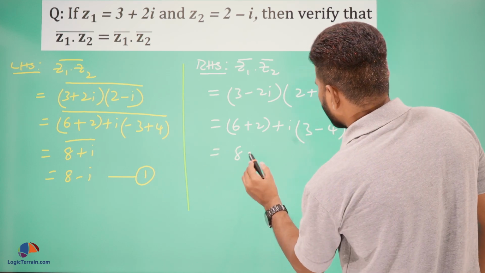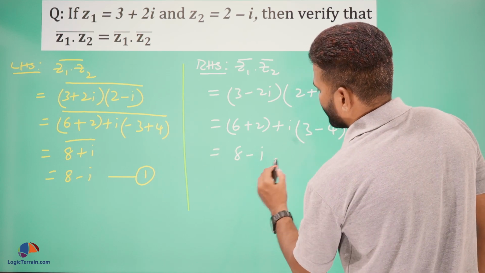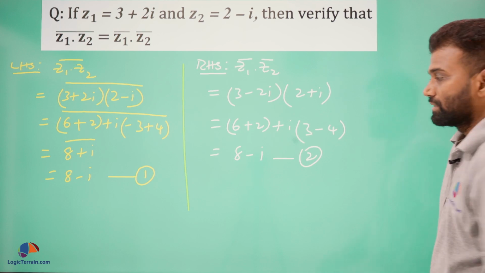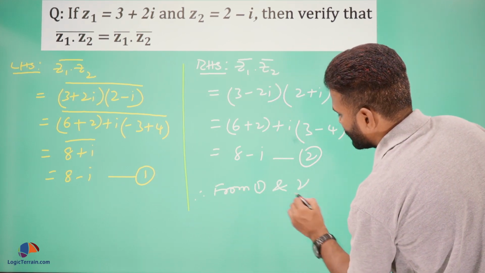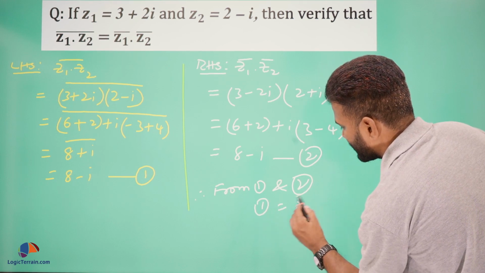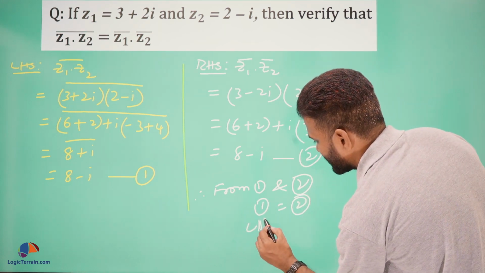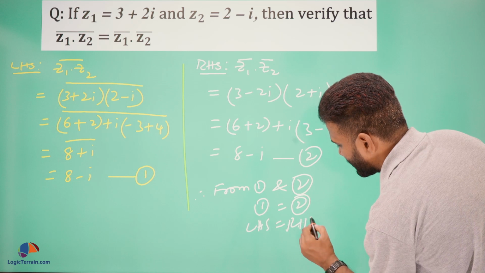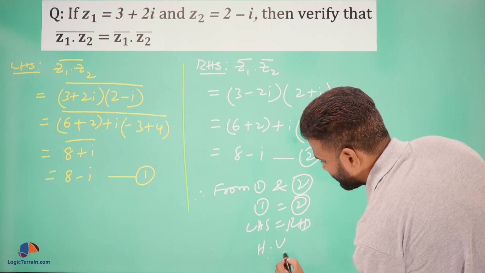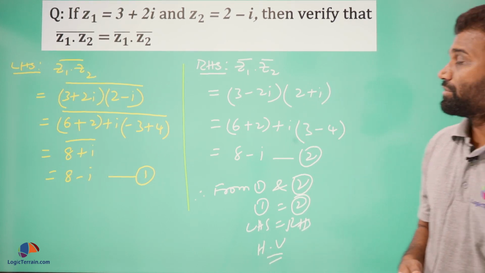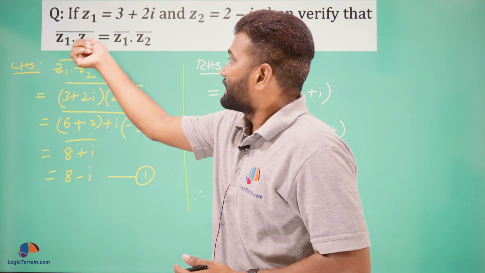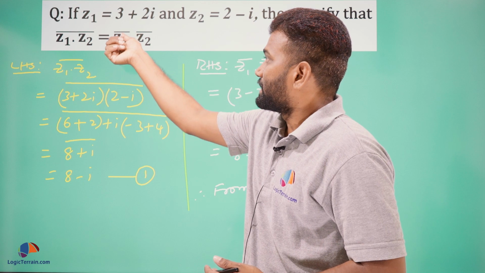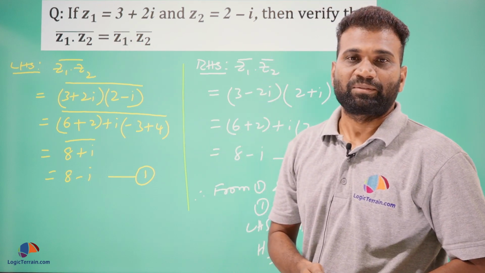This becomes 8 minus I. Let us take this as number 2. Therefore from 1 and 2 we got 1 equals 2, that is LHS is equal to RHS, hence verified. So therefore for all complex numbers, the conjugate of Z1 into Z2 is equal to the conjugate of Z1 into the conjugate of Z2.